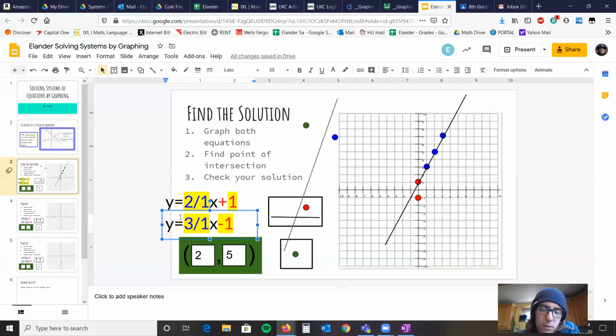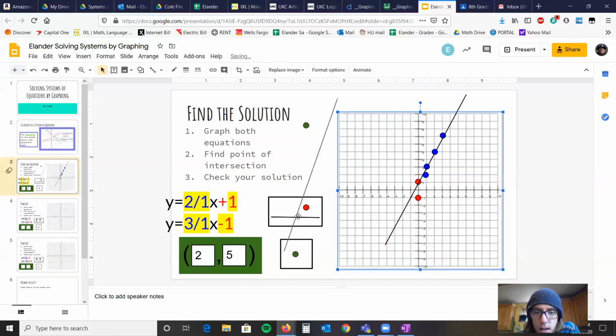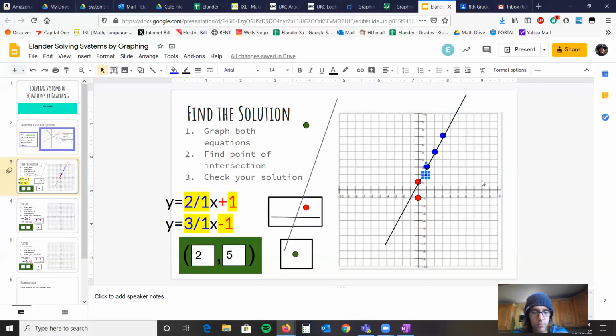Okay, 3 over 1. And they're both positive, right? Positive, positive. So 3 over 1, so we're going to rise 3. 1, 2, 3, and run 1. Place my point, and I can do it again. Although it looks like I'm missing a couple dots.